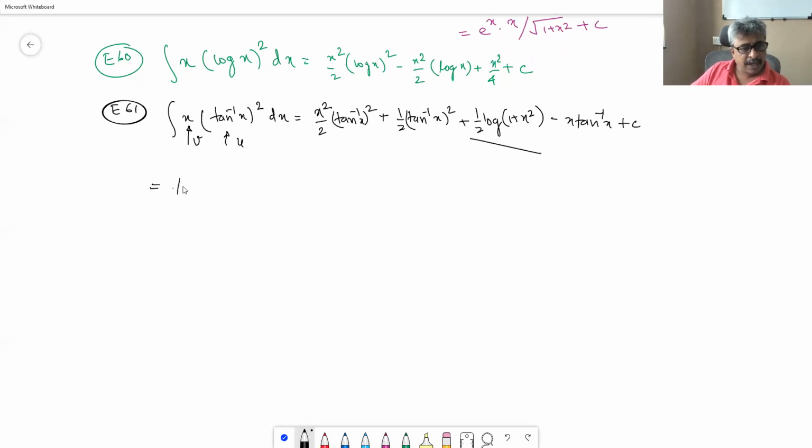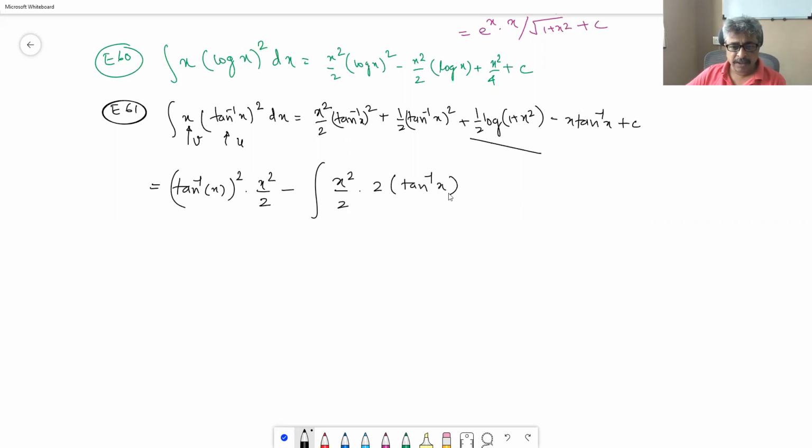Therefore, tan inverse x bracket square into integral of v minus integral of v into derivative of u, which is 2 tan inverse x into 1 upon 1 plus x square dx.